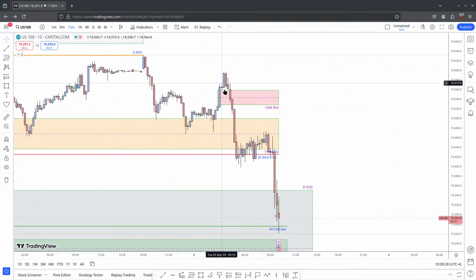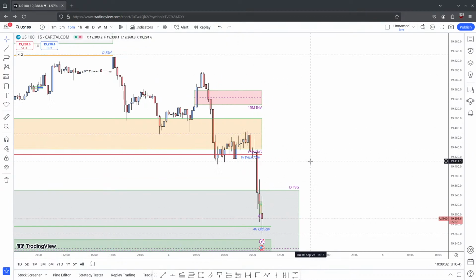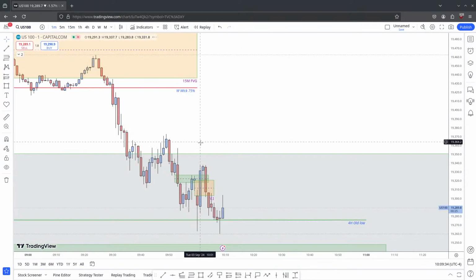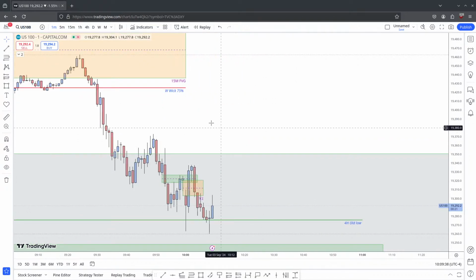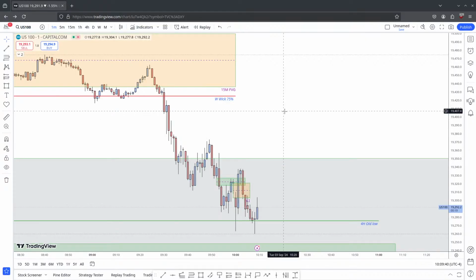So we have a lot of people in here that are short. A lot of people are going to go short in this. So a lot of sellers in here. So I want to see some buy stops be taken out. So that's what I want to see targeted.